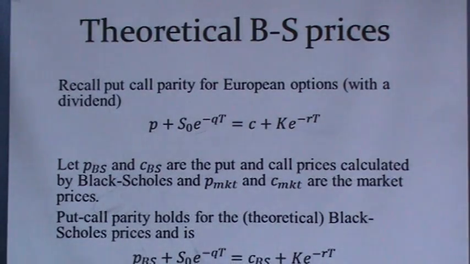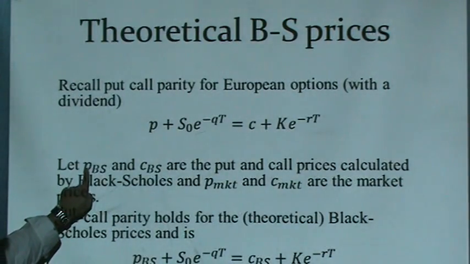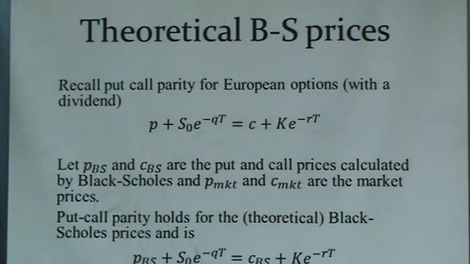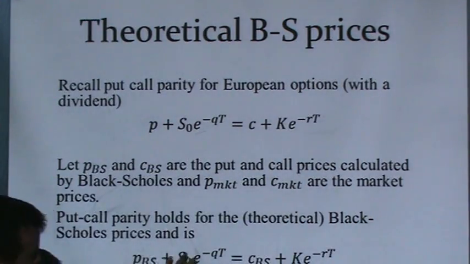If we use the put and call prices that came from Black-Scholes, we could just rewrite this formula using the Black-Scholes formula. Again, this q would be there if you had to calculate in a dividend. So this statement should be true.